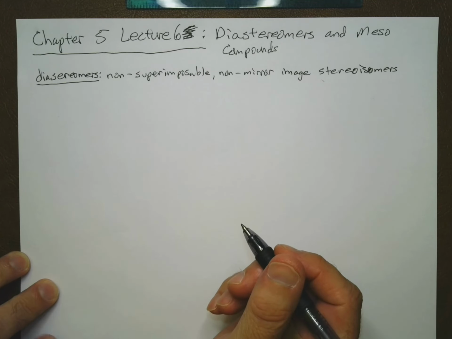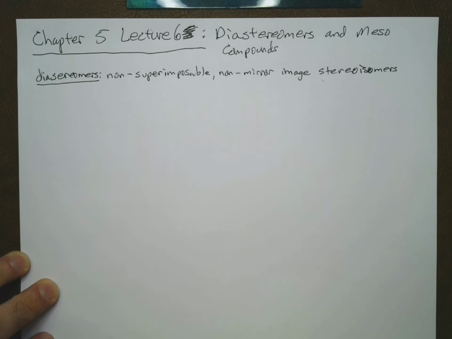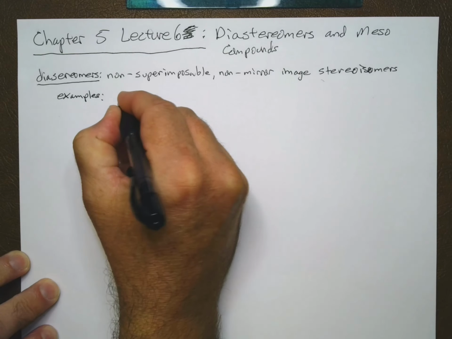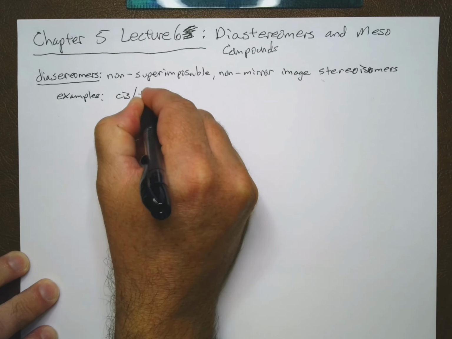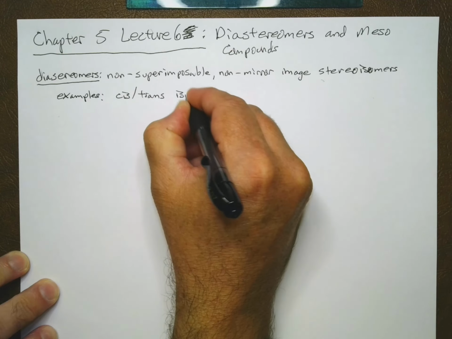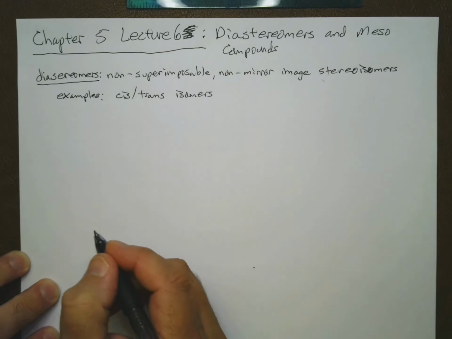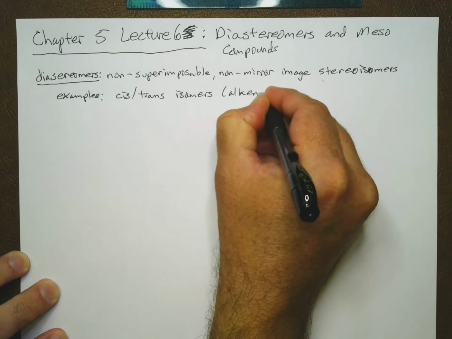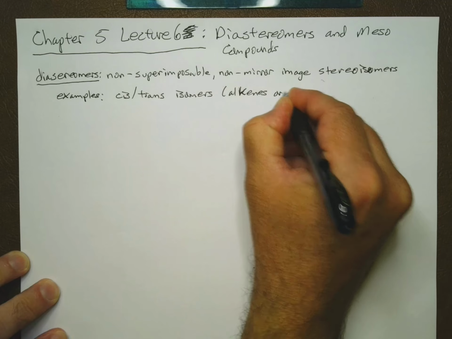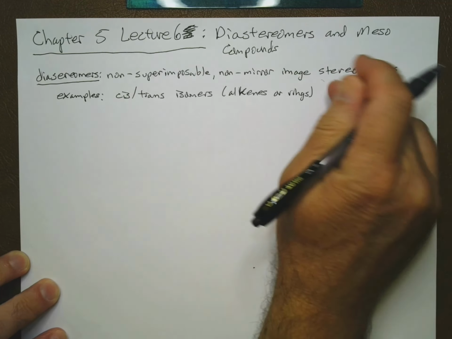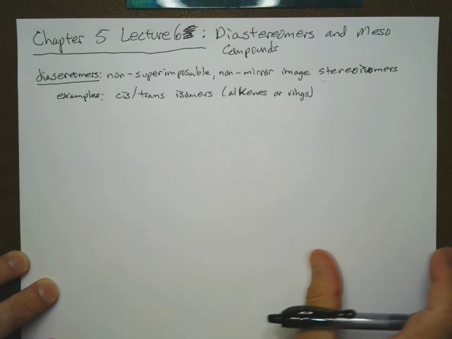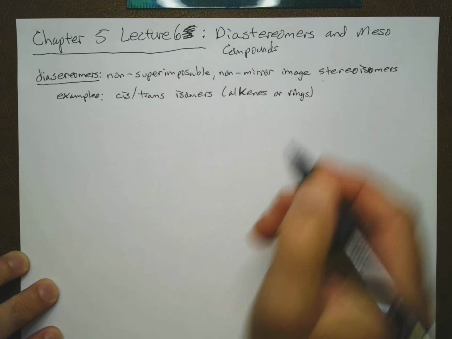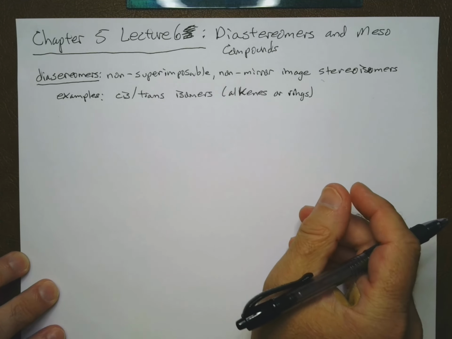All right, so what's an example of a diastereomer? Well, we can have cis-trans isomers, so with alkenes or rings. In actuality, the rings can involve chiral carbons as well, but they don't have to.